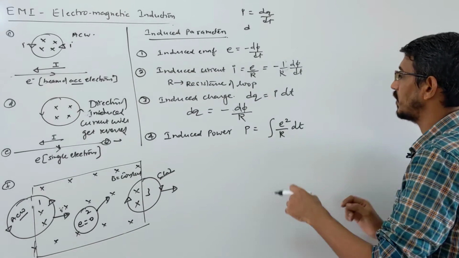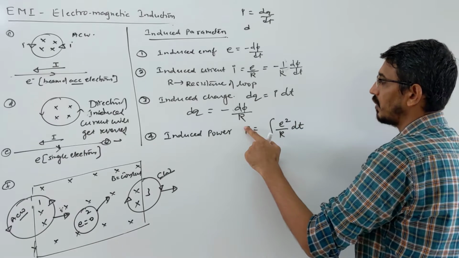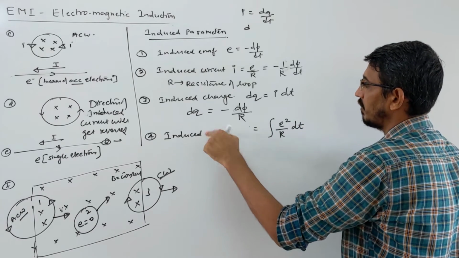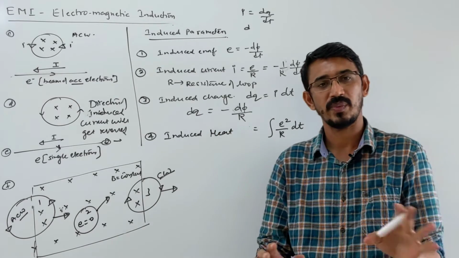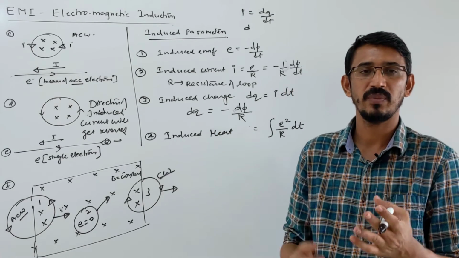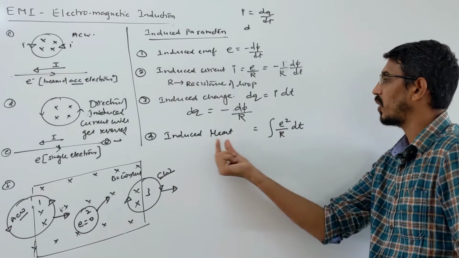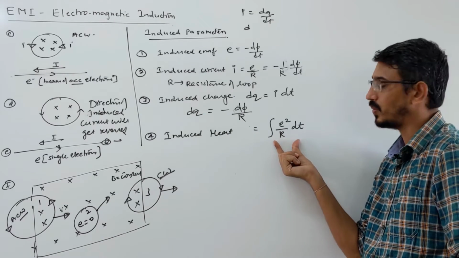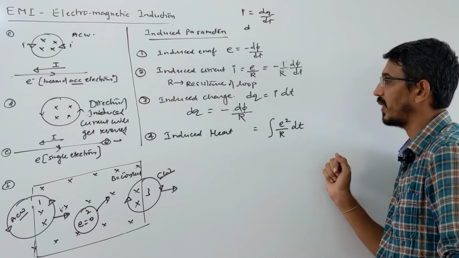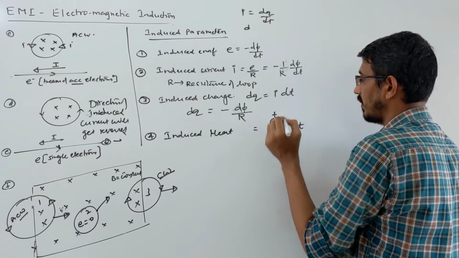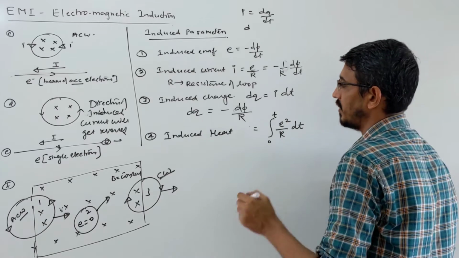Sorry, I wrote here induced power, but I am talking about induced heat. Power is just E square by R, right? So E square by R is the power, and E square by R into time, from 0 to t, some time is given to you, so you have to integrate simply.